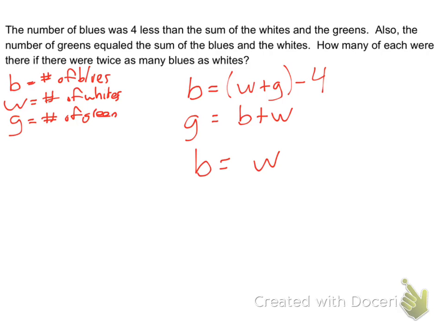It's not 2B, because B has to be bigger than W. Twice the number of whites as blues? Or 2 times the whites would equal the blues. Because there's twice as many of the blue than there is white. Oh. So what are you going to be 2 times more of? The whites.